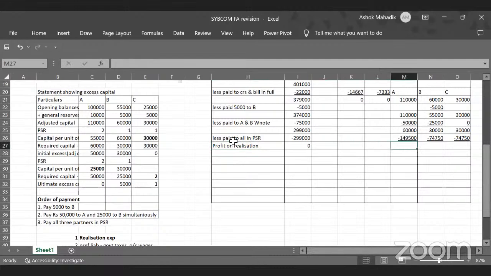Let us see how much profit they have made. 40% for partner A, 40% for B, and 40% for C. That's it. We are done with the sum.